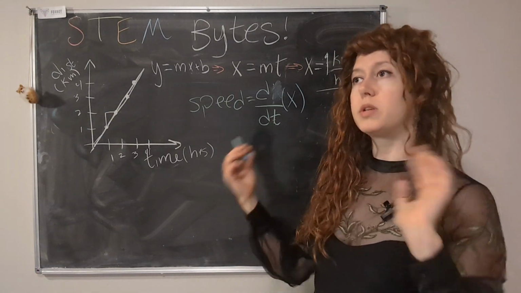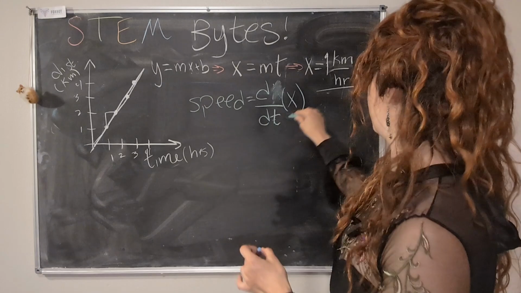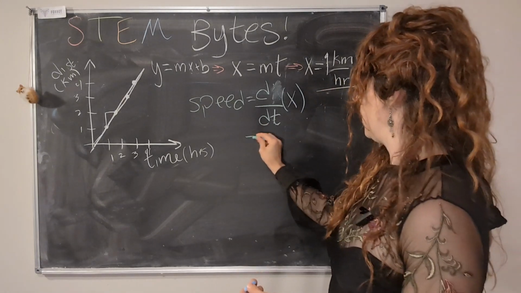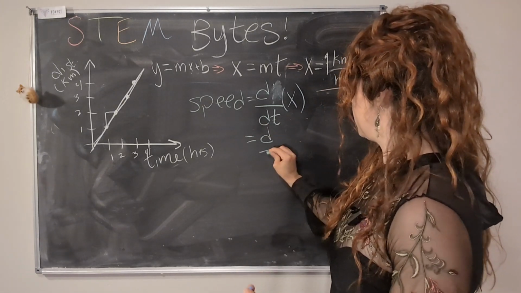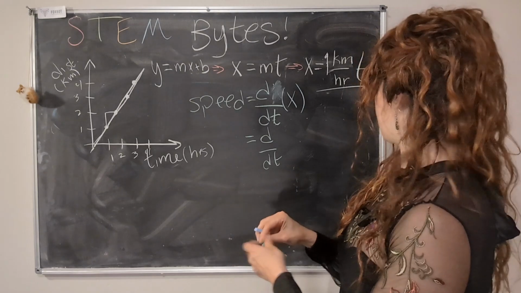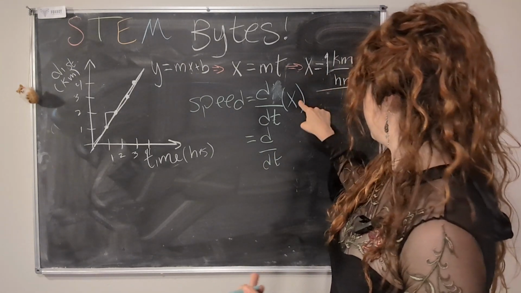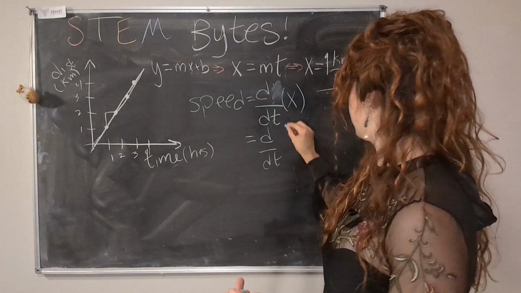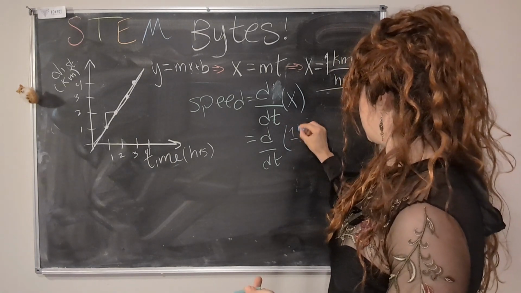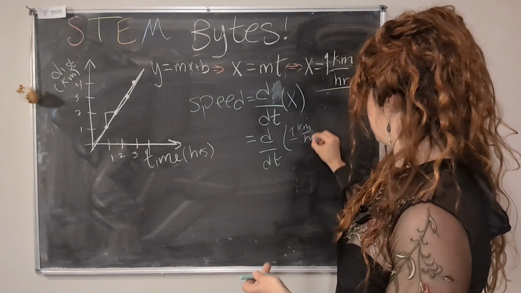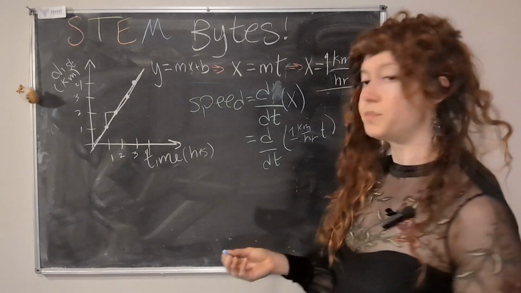Okay, so then we can calculate the rate of change of our equation here. And so we would take the calculus operator and apply it to this equation. So we would say, okay, what is d dt of our equation for distance? So we just plug the equation for x into here and we say 1 kilometer per hour times t.